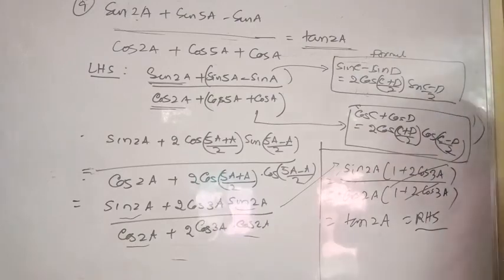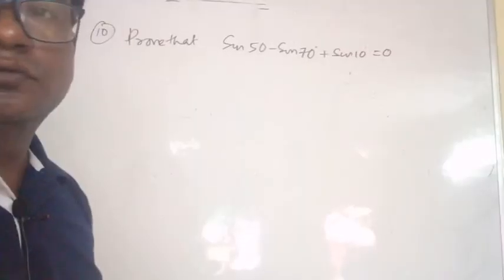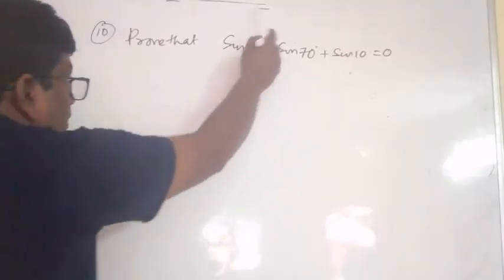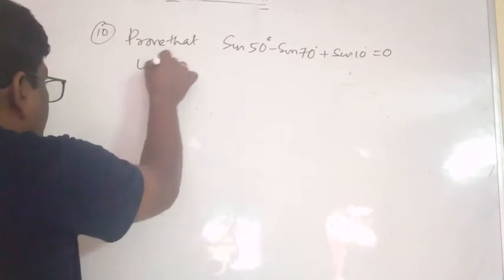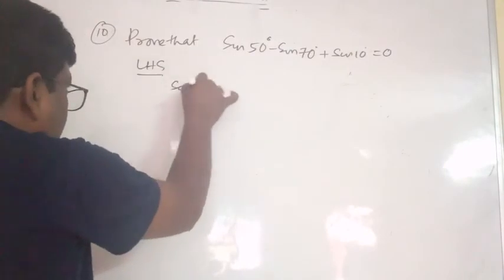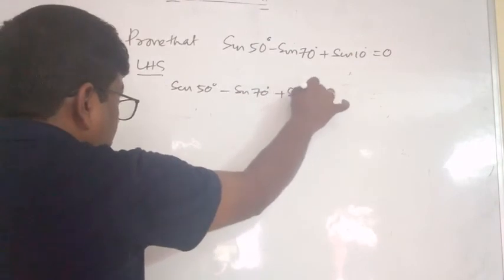Now another question. Prove that sin 50 degree minus sin 70 degree plus sin 10 degree equal to 0. Left hand side: sin 50 degree minus sin 70 degree plus sin 10 degree.